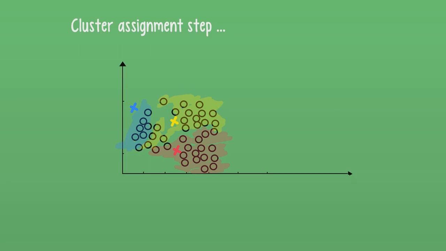Then, after we choose them randomly, we do the cluster assignment step, which is assigning each data point to the closest centroid. So for example, these data points are close to the blue centroid, so we assign them to the blue. These data points here are close to the yellow centroid, and these data points here, the red, are close to the red centroid.